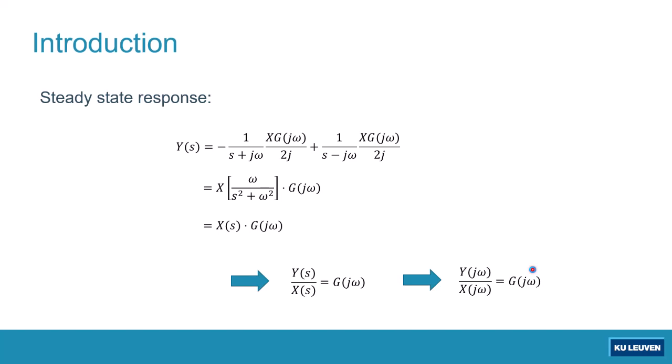Y(s) will look like this if we only consider the steady state part, and after we analyze Y(s) there, we can easily conclude that the ratio of Y(j omega) and X(j omega) is equal to G(j omega).